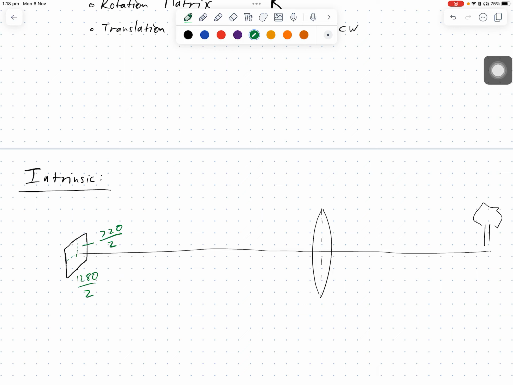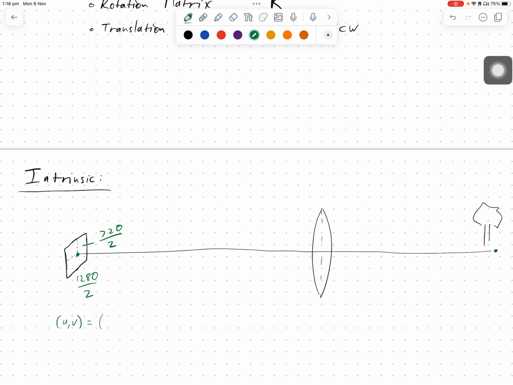Yeah, and that just means that if we have some object in the real world that sits exactly on the optical axis, and we want to know where that's going to be positioned, its position on the image sensor is going to be at XY coordinates, or we use UV coordinates when we talk about the image sensor instead of XY.